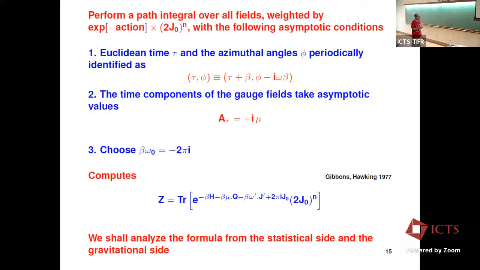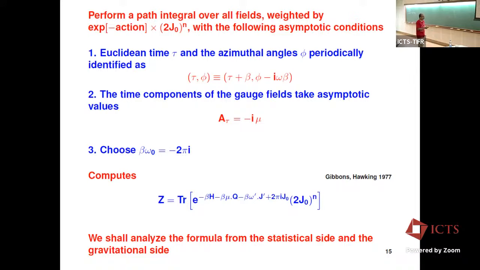And the time components of the gauge fields are required to take specific asymptotic values set by the chemical potential mu. So this is the general setup, but we will set beta omega_0 equal to minus 2 pi i. Omega_0 is a particular component of omega that is conjugate to J0.